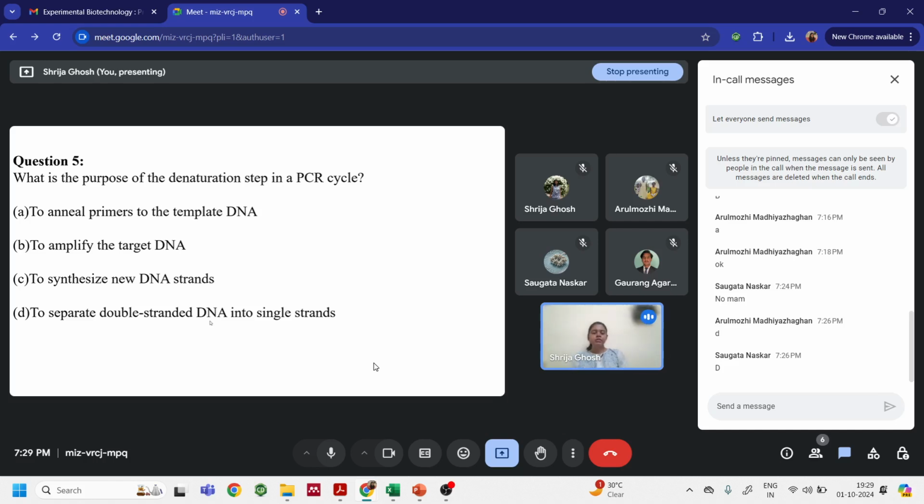Okay, we will study the details of PCR steps in the upcoming questions, but I hope this part is clear. Denaturation basically means separating the double stranded DNA into two single strands by breaking the hydrogen bonds between them.